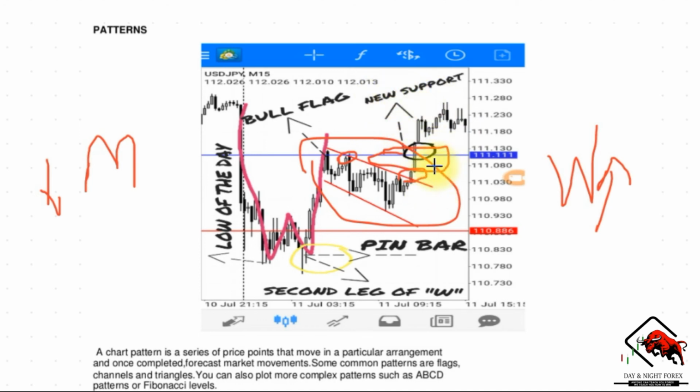So as you can see, the second leg of the W is a very powerful entry confirmation, especially when you have a pin bar, which is hidden underneath this W formation coloring, but it's a pin bar that showed you how it actually looks. Remember, the colored part of that candle must be 2 times longer than the wick or the tail of that candle. So then it is a confirmed pin bar or hammer, as most people might call it.